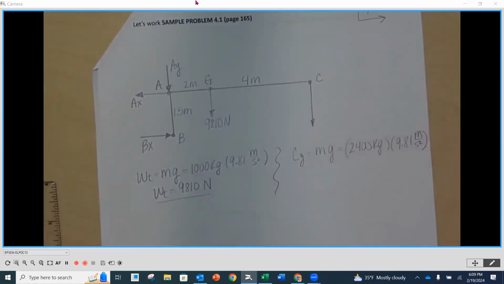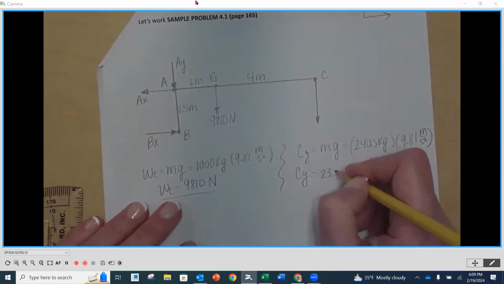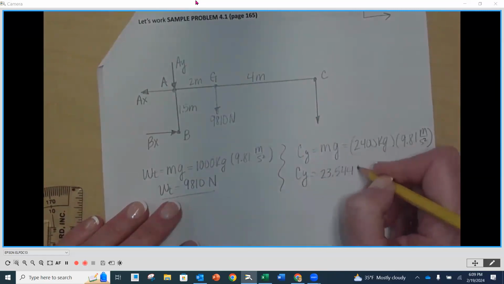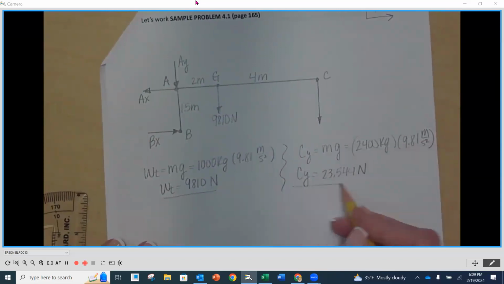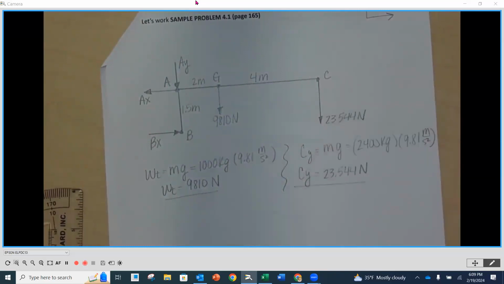So for my CY, I multiply out 2,400 times 9.81 and should get 23,544 newtons. You're going to notice that the book converts it to kilonewtons. You don't have to. A kilonewton is 1,000 newtons, but I'm just going to hold the newtons with the decimal places. Totally fine.